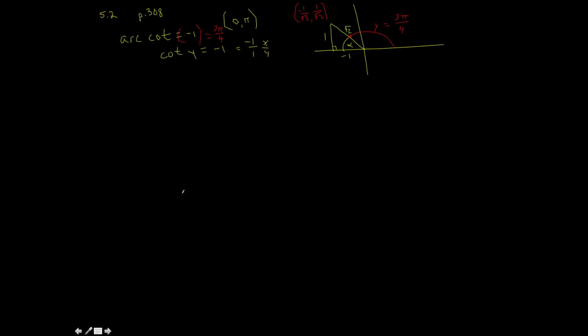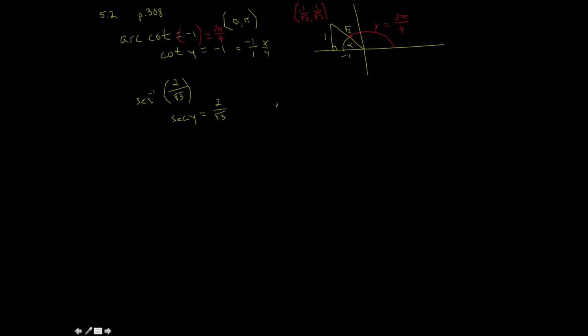Alright, so let's look at another example. This time, let's look at the inverse secant of 2 over the square root of 3. So this is where secant y equals 2 over the square root of 3.